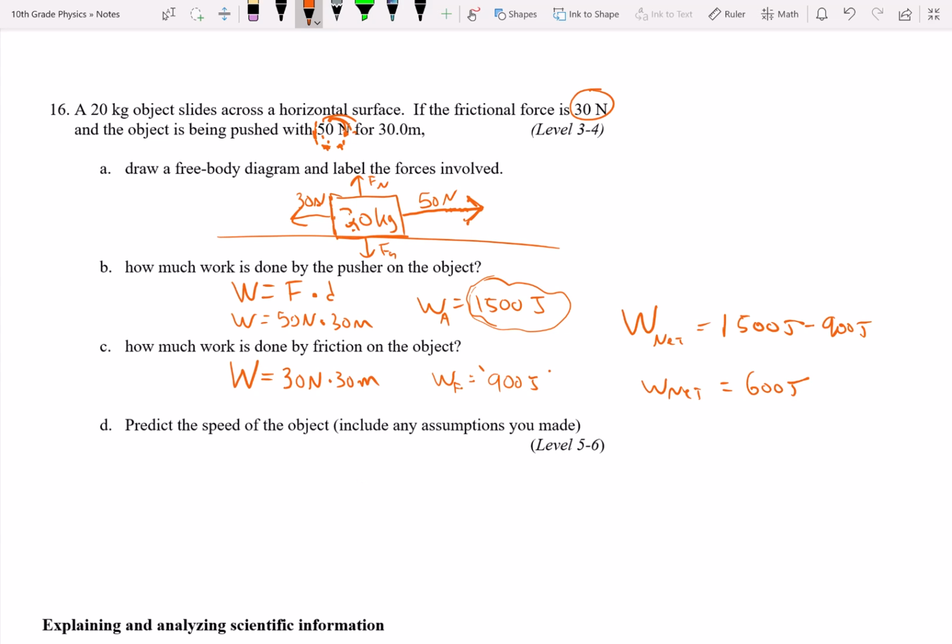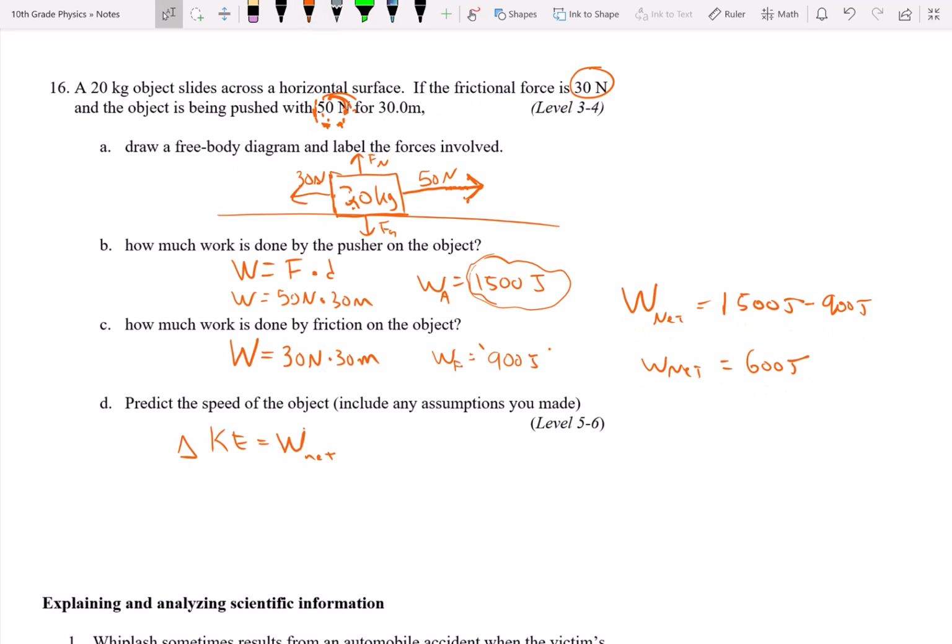Predict the speed of the object, including any assumptions you have made. So a really good way to get a speed here is to talk about kinetic energy. Remember how we said the change in kinetic energy is equal to the work, and really this should have been net work, right? And we have the net work here, so this is 600 joules.